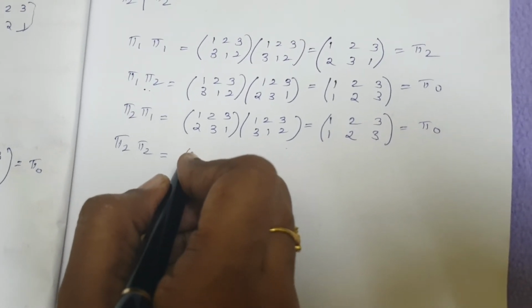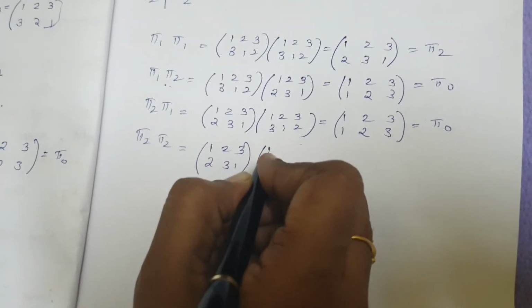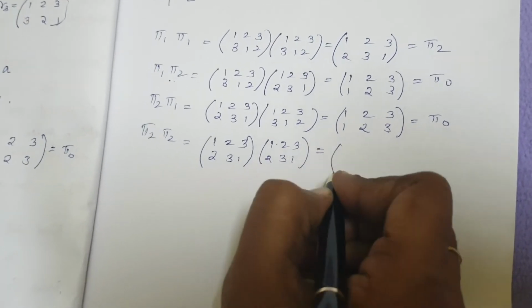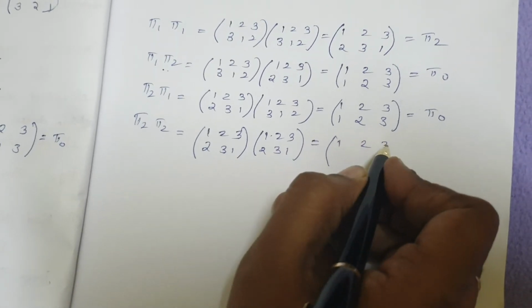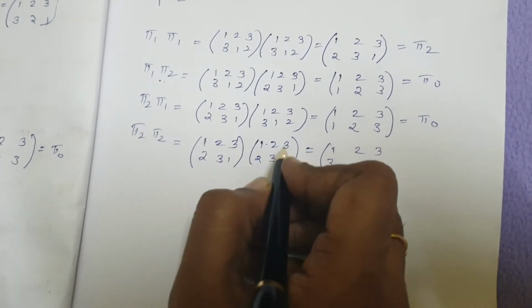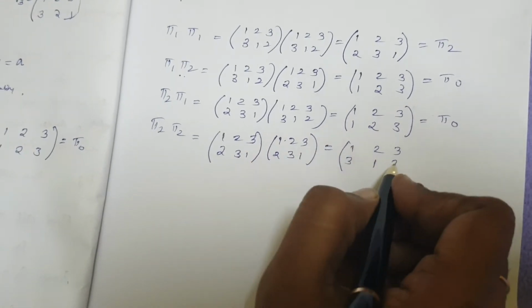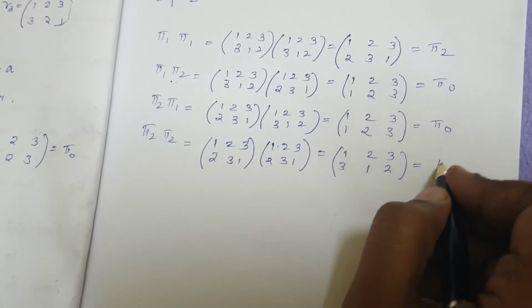In this problem we consider the pi 2 value is 1, 2, 3, 2, 3, 1. So when I multiply these two, I will get 1 to 2, 2 to 3, 2 to 3, 3 to 1, 3 to 1, 1 to 2, which is 1, 2, 3, 3, 1, 2, nothing but pi 1 value. So substitute all these values here.